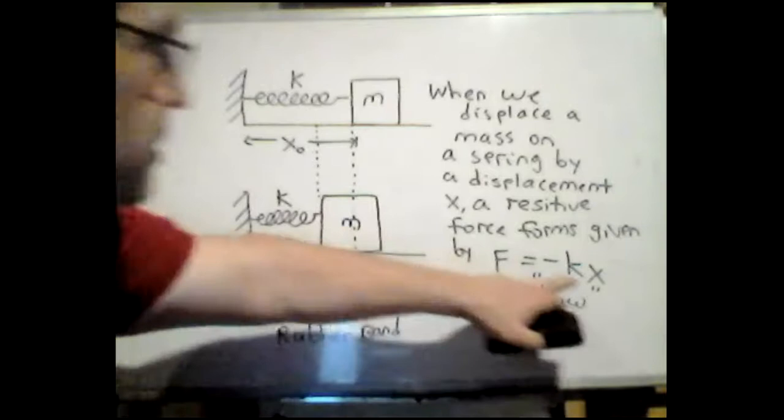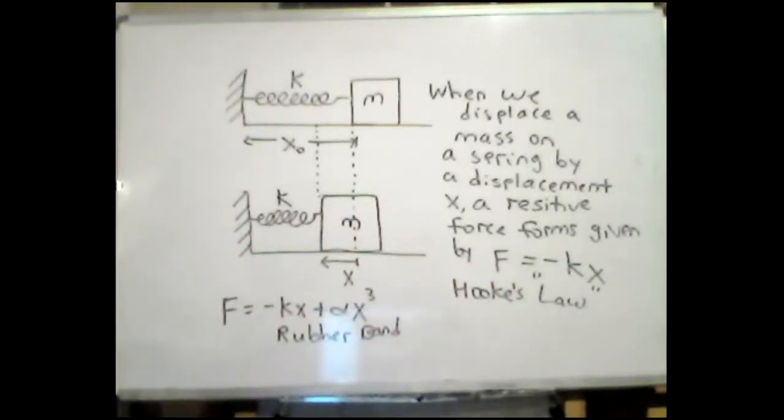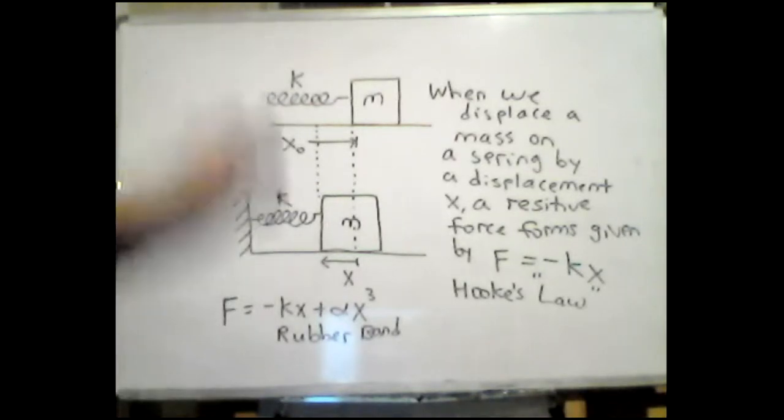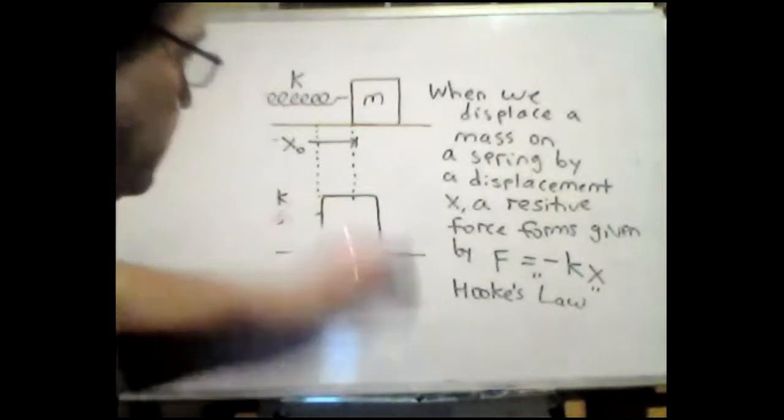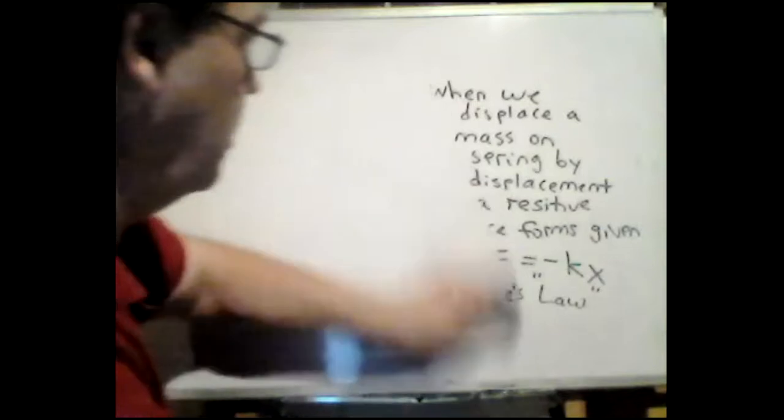All right, now this k is a property of the spring. Another reason why it's not a law of physics is that you have to look up a value depending upon how you made your spring and what it's made out of. One way of figuring out what k is, is to get help from gravity.